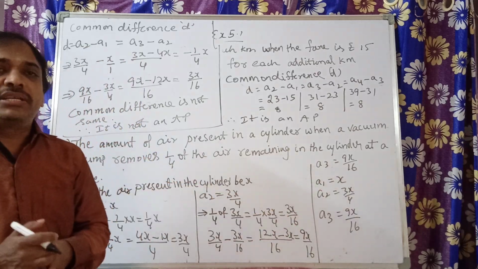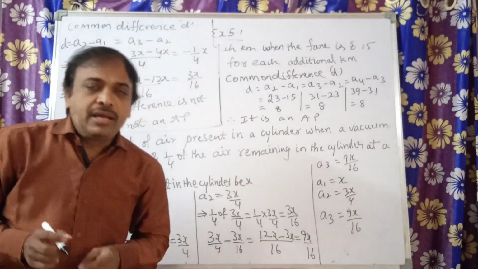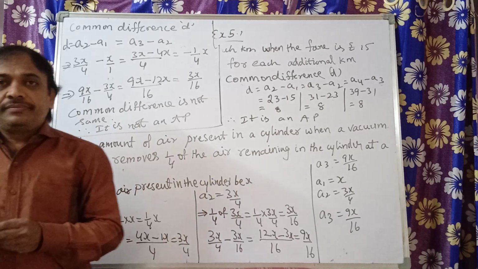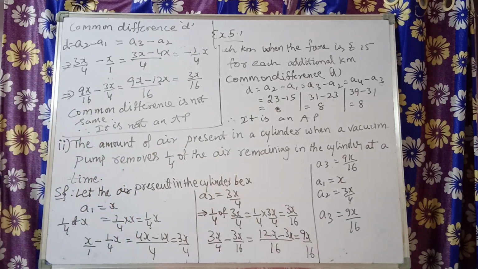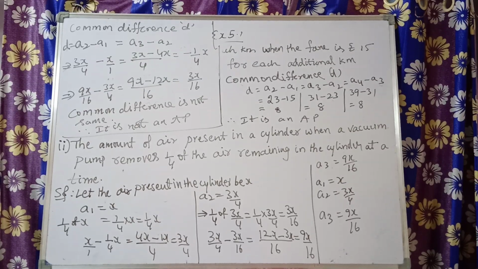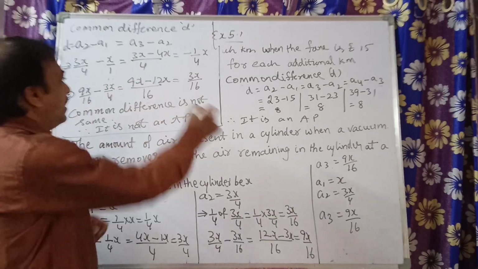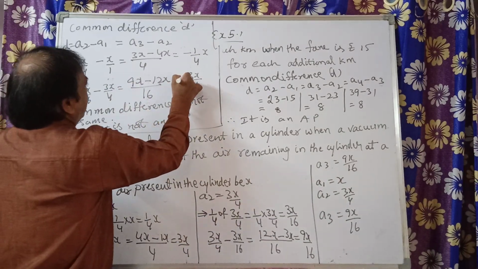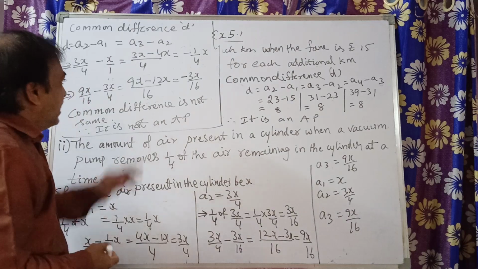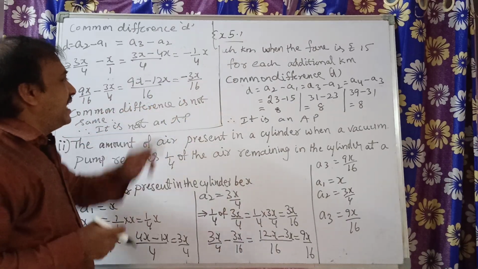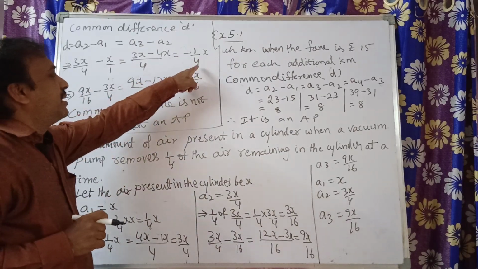Similarly, you can calculate A4. I hope you understood. See here, thank you for reminding. 9x minus 12x, this is minus 3x, so 9x minus 12x is minus 3x by 16, and the other is minus 1 by 4x.